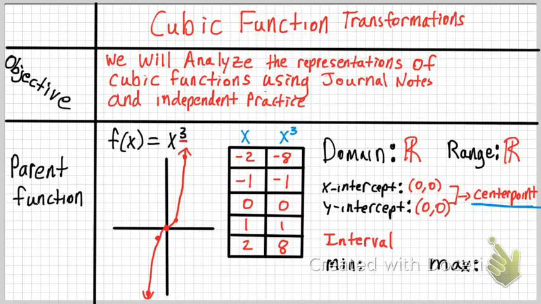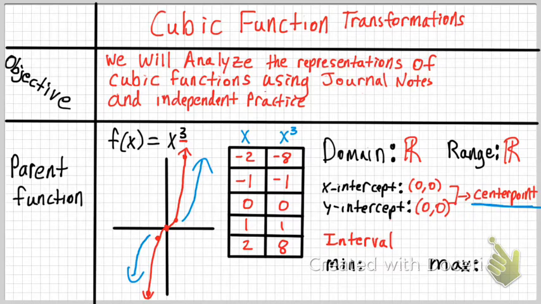Alright, so for our minimum and maximum numbers, well, we know that the domain and range go forever in both directions. So we have this arm which moves up and to the right, and this arm that moves left and down. So my minimum and maximum are going to be different on this function at all times. So what we say is that given any interval, the minimum and the maximum will be the tails of the function.